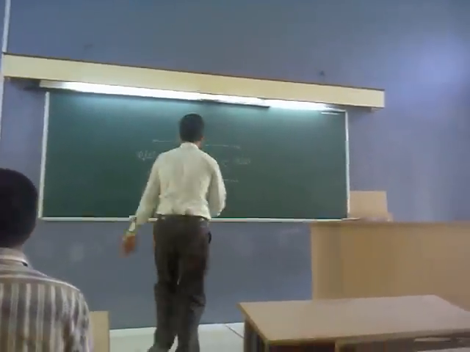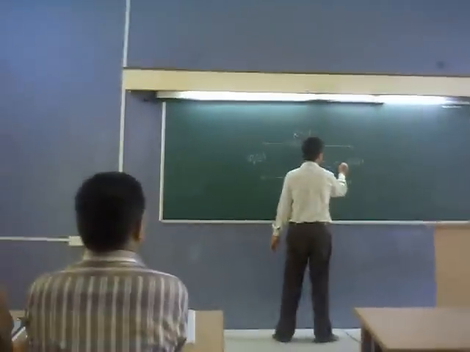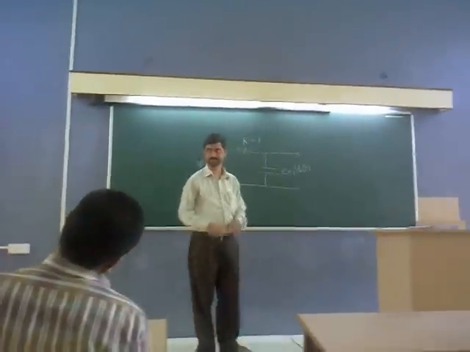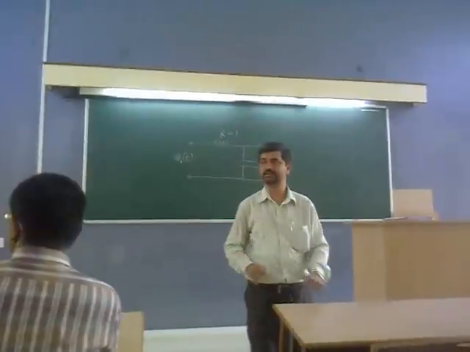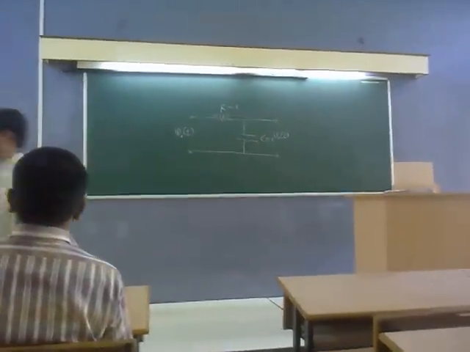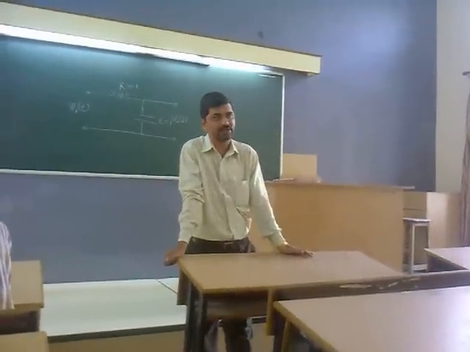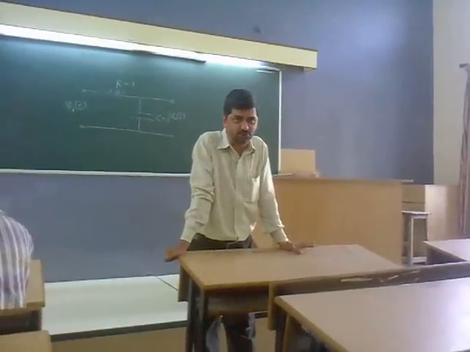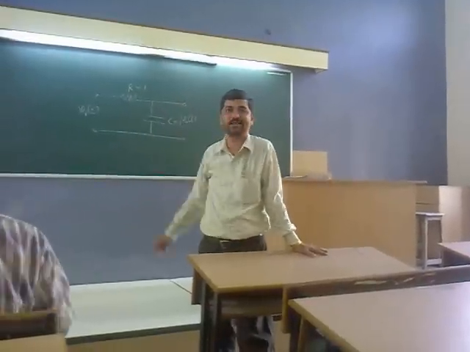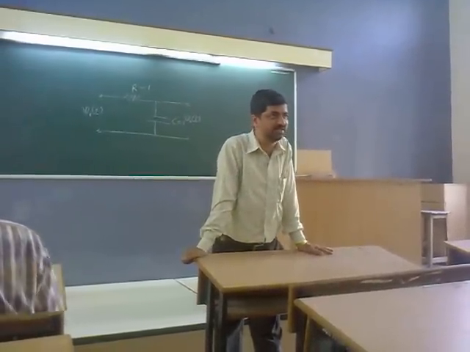We also choose R equal to 1 and C equal to 1 for further simplicity. And I am very sure that an individual who understands this circuit well would be in a position to understand any other circuit.